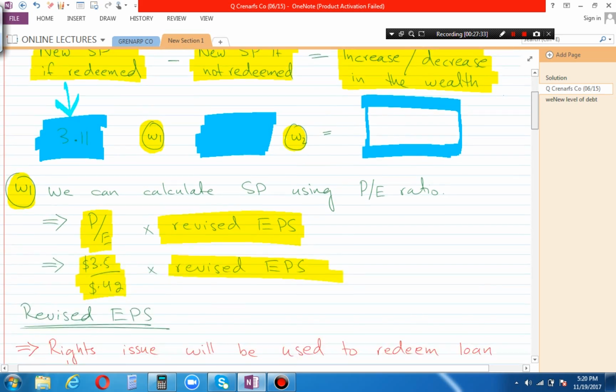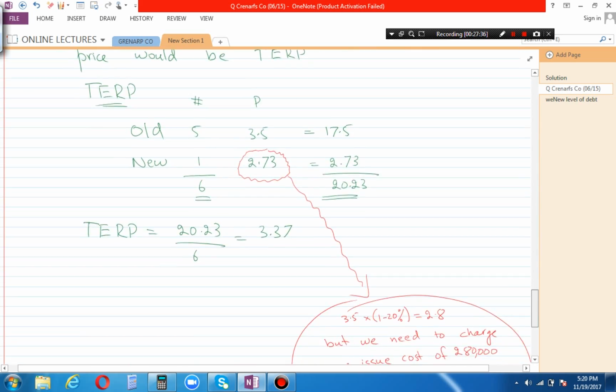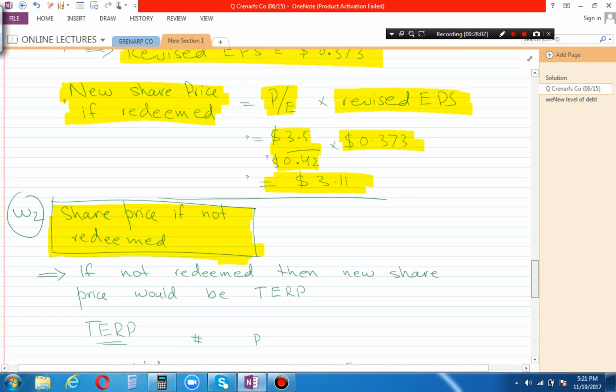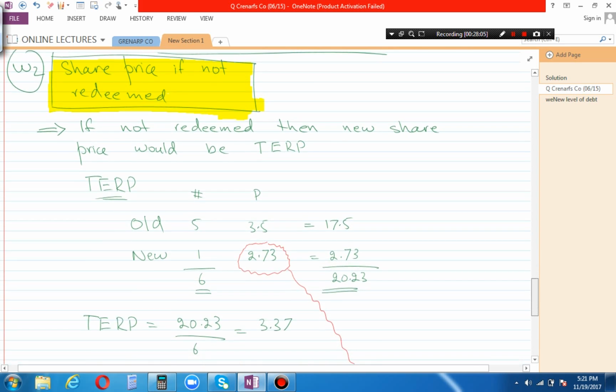Working 2. Share price if not redeemed, the share price if we do not use the cash raised from the rights issue to redeem part of our loan notes. Well, if we do not redeem the loan notes, it means the level of debt finance is not changing.